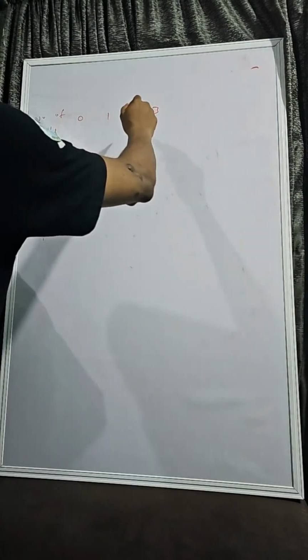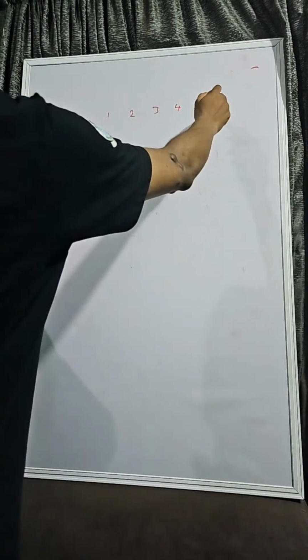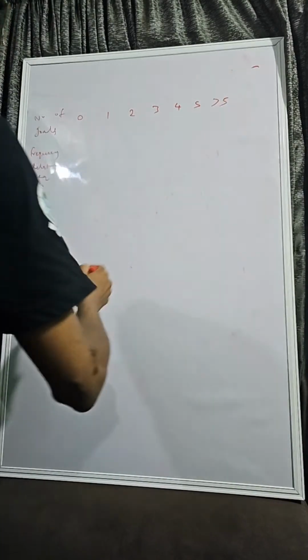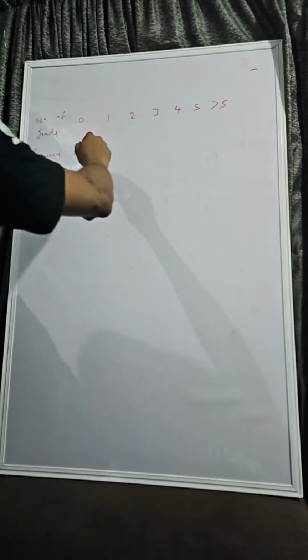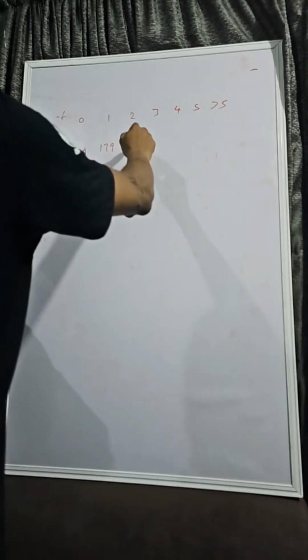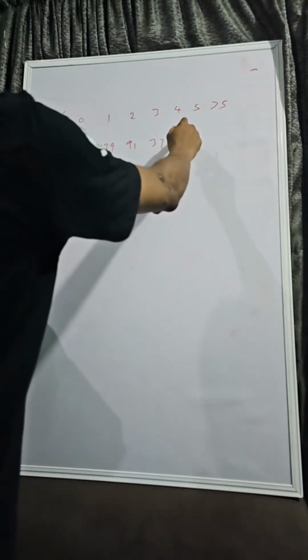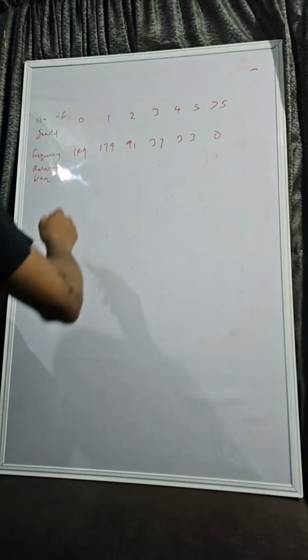So we have 0, 1, 2, 3, 4, 5, and greater than 5. So the frequency is 149, 179, 91, 37, 3, 3, and 0.